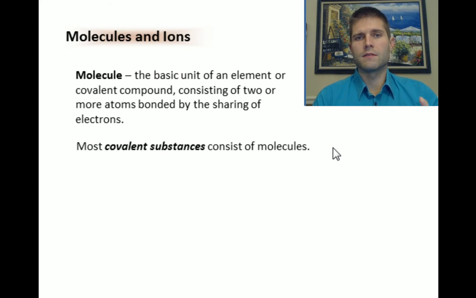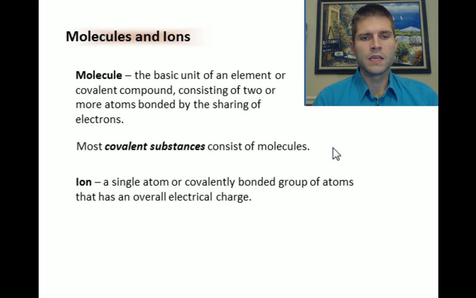Most covalently bonded substances consist of molecules. So it's kind of both: if you have a molecule, you're a covalently bonded system, and if you're a covalently bonded system, you're a molecule. That's different than your ions and your ionically bonded systems. Remember, in ionically bonded systems, one atom gives up an electron, the other one absorbs the electron.